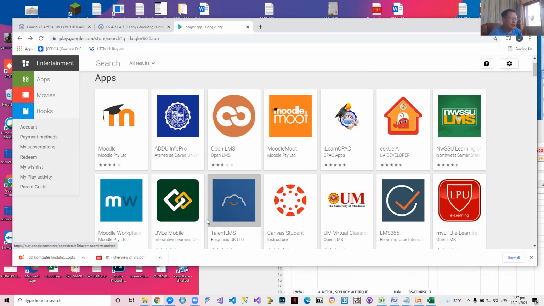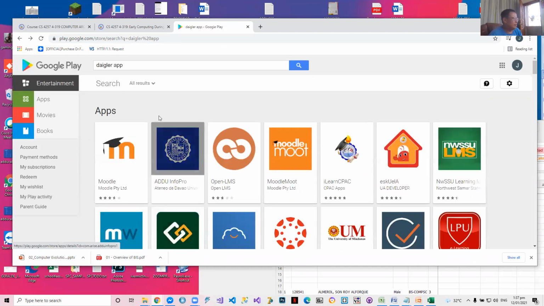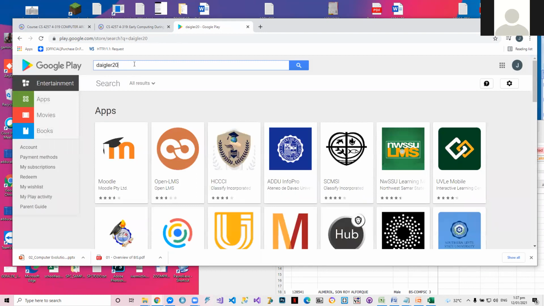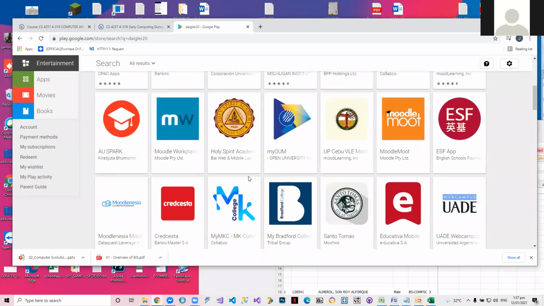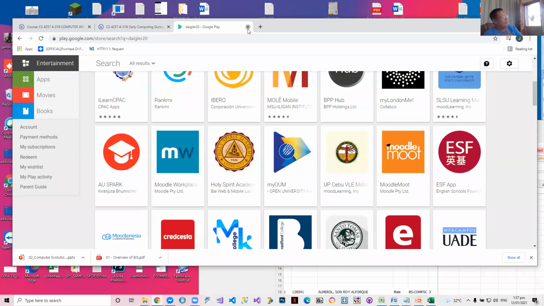I'm not sure if there's a Diggler embedded there. Information lang sa mga offices and faculty. Okay, faculty. So wala pang Diggler integration, sir. Yes po, sir. Okay, hopefully na.